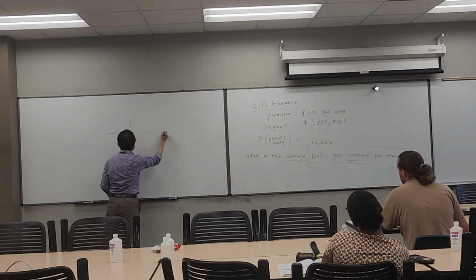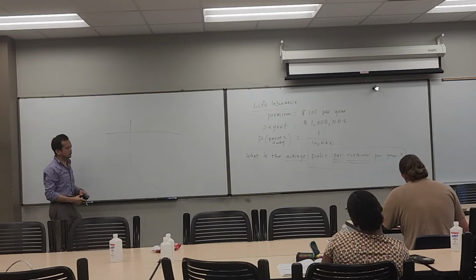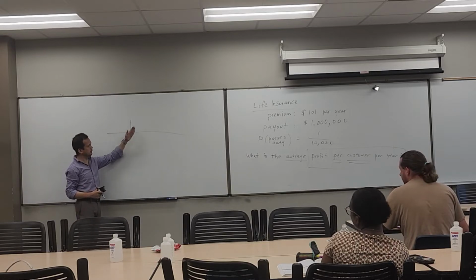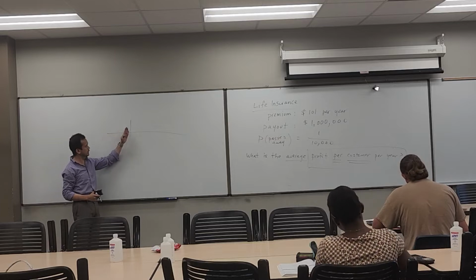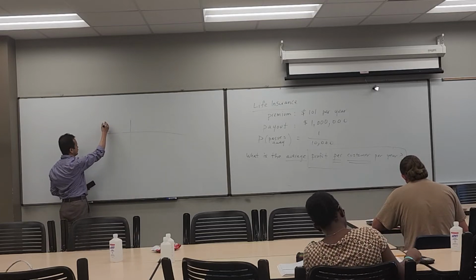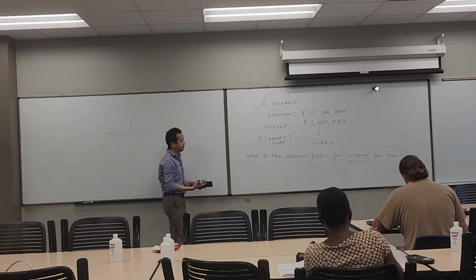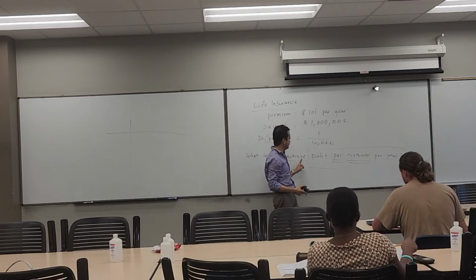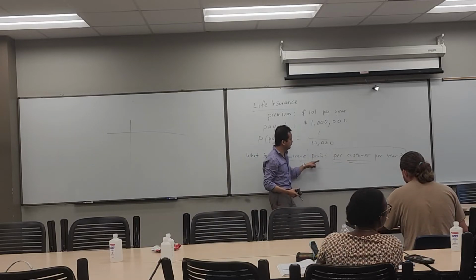So we're going to construct a probability distribution given as a table of two columns, where the first column will be your variable of interest. And your variable of interest is whatever it is you're trying to find the average of, which in this case is the profit per customer per year.